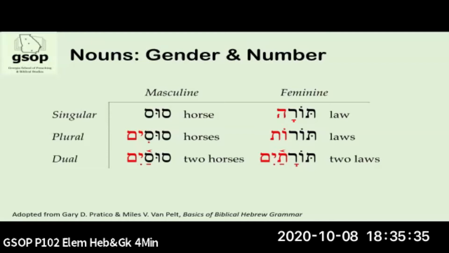When you look at feminine words such as Torah, a feminine word is going to end with a kametz hey. Kametz hey is a vowel. It's not a consonant, it's a vowel. And so it ends with a kametz hey, Torah, and that's its singular form. Now, to make it plural, it's not going to be the kametz hey anymore.